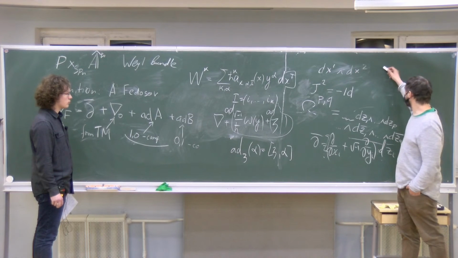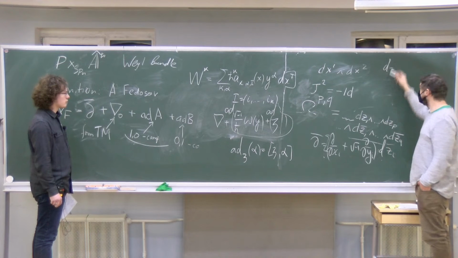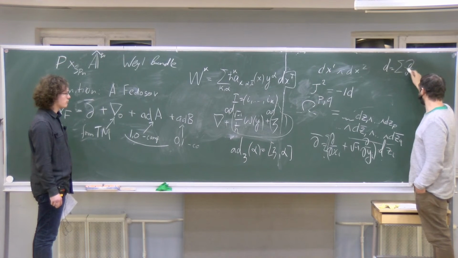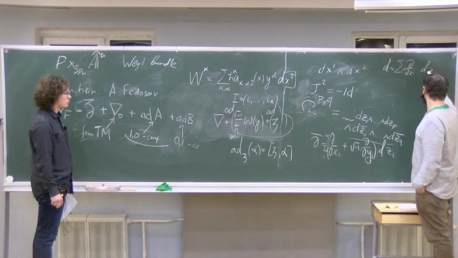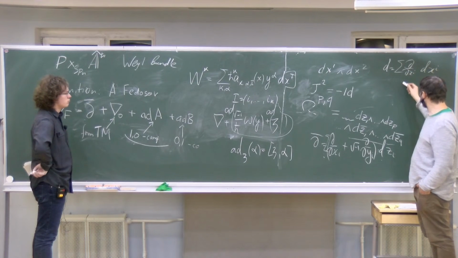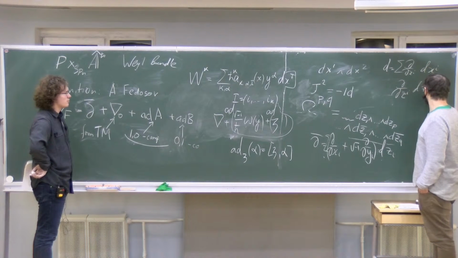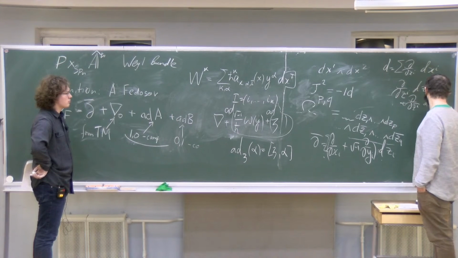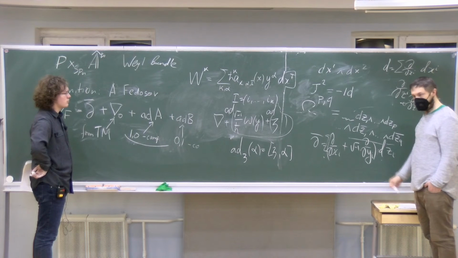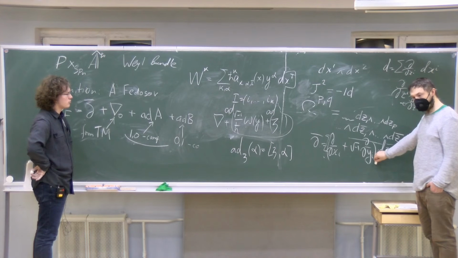What is the de Rham differential in the usual, real case? It's just the sum of d over dx_i, dx_i. Now we split the sum into d over dz_i dz_i plus d over dz_i bar dz_i bar. So this anti-holomorphic part is this Dolbeault operator.